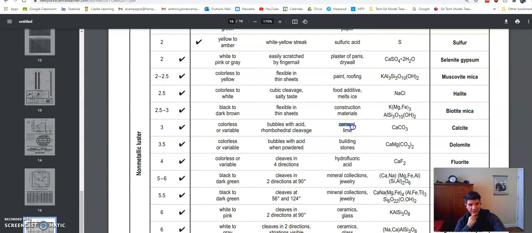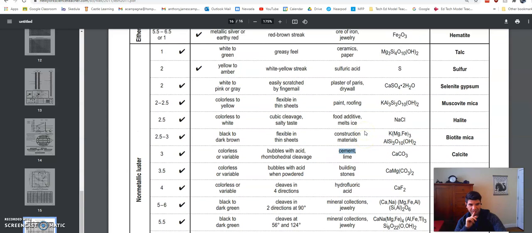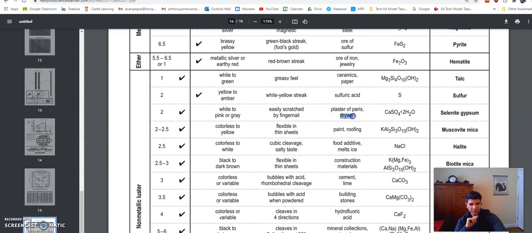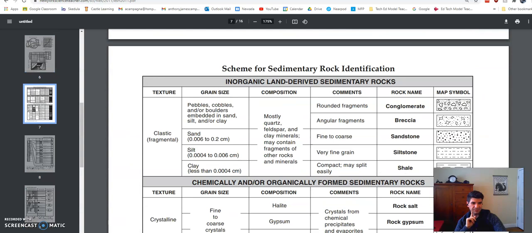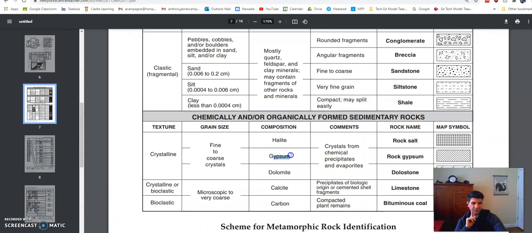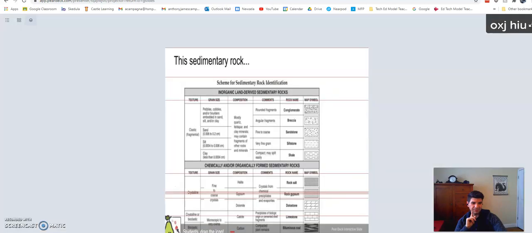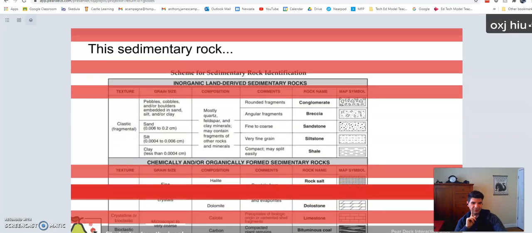Calcite, cement, but most people don't have walls made out of cement. Drywall, selenite gypsum, plaster of Paris. So gypsum, let's go back to page 7. All right, so it would be rock gypsum. That was kind of a tough one. Yeah, very good, guys, very good.